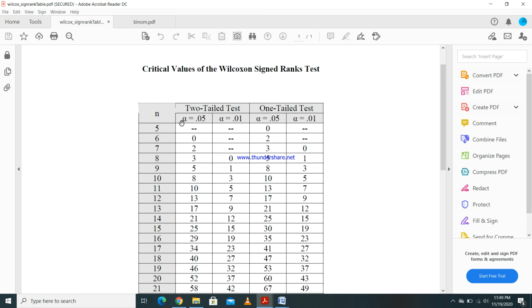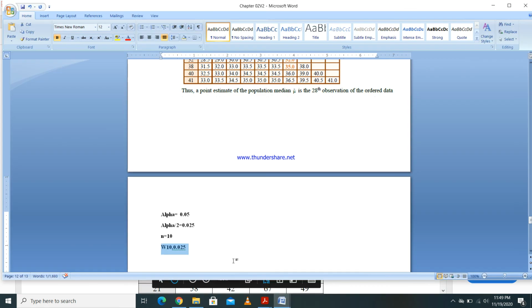As for our question, the alpha value will be 0.05 since we are interested in a 95% confidence interval. So alpha is 0.05 and sample size is 10. At the intersection point we have the W value, which we can read from the table as 10.